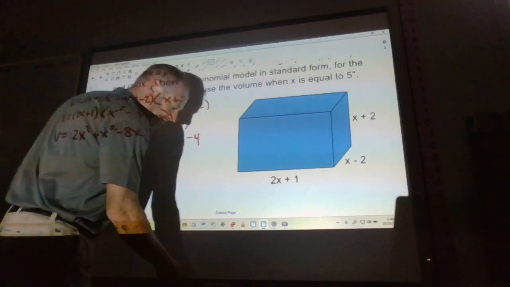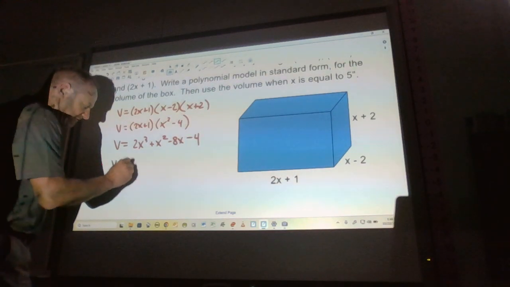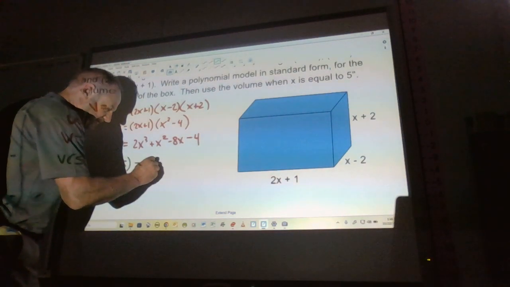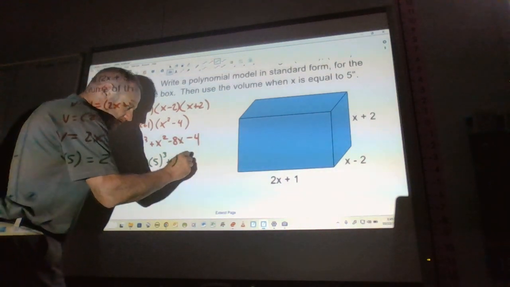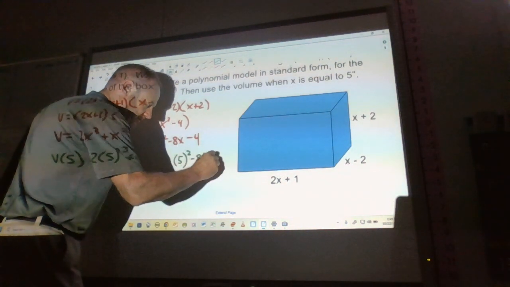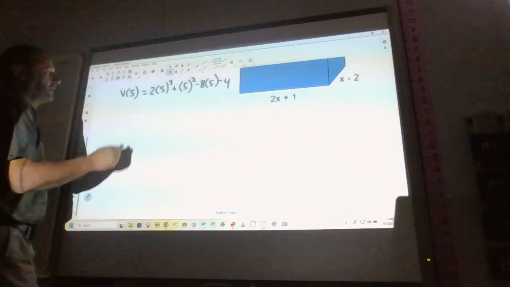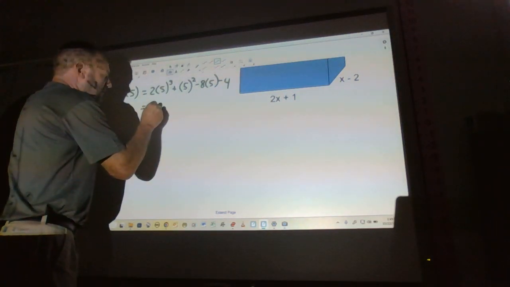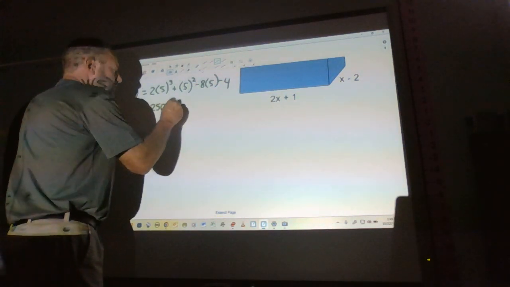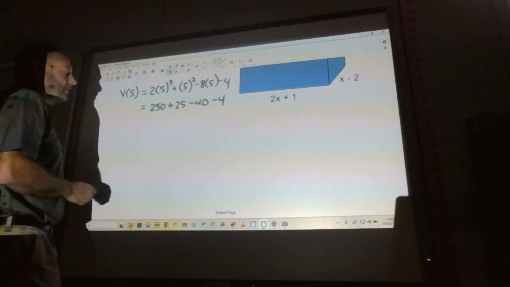Now I can go ahead and find v of 5. So I just plug 5 in for x. And I figure out what this thing is. Okay, so this is going to be 2 times 125, which is 250, plus 25, minus 40, minus 4.